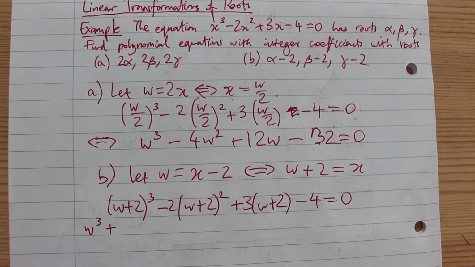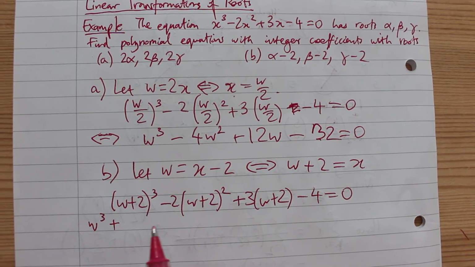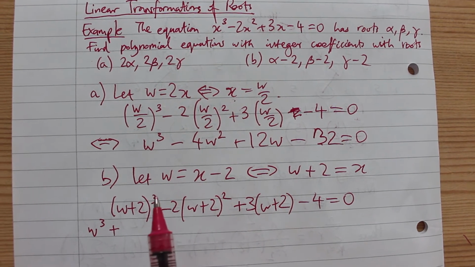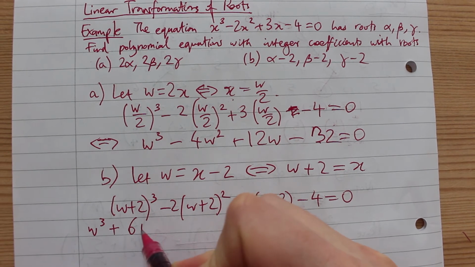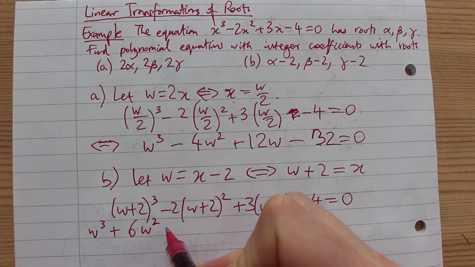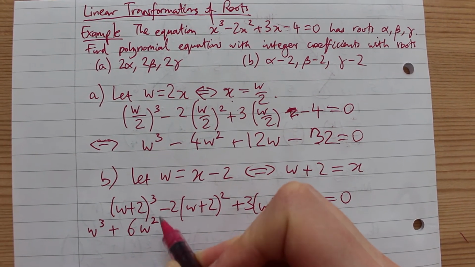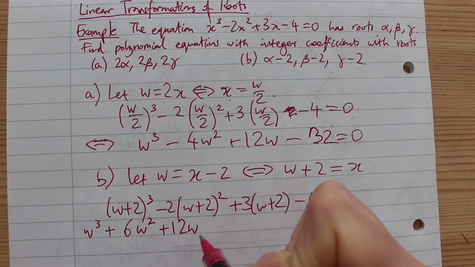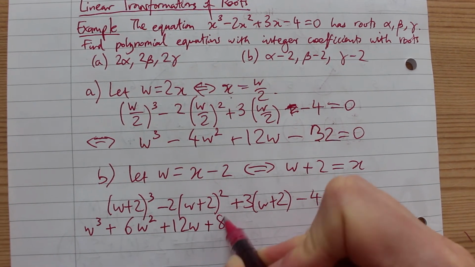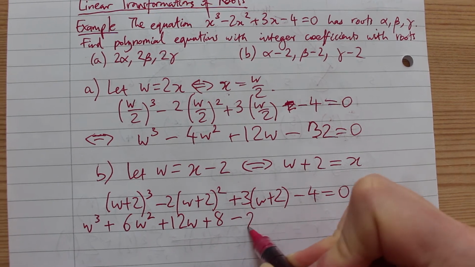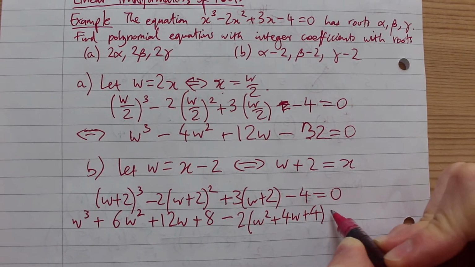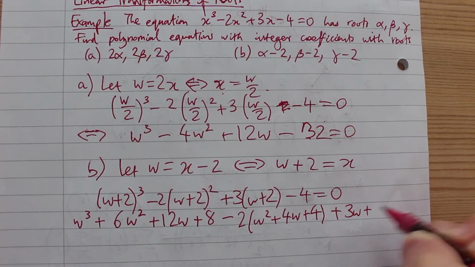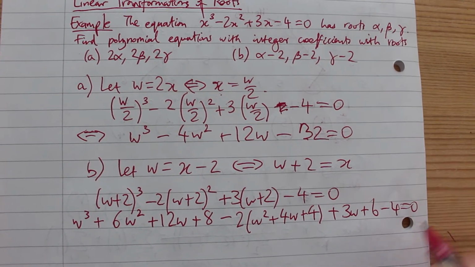So that's w cubed, and then it's going to be, I think, 6w squared, and then I think 12w plus 8, and then minus 2 lots of w squared plus 4w plus 4, plus 3w plus 6 minus 4 equals 0.